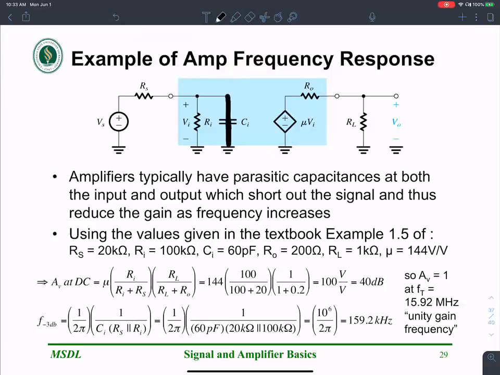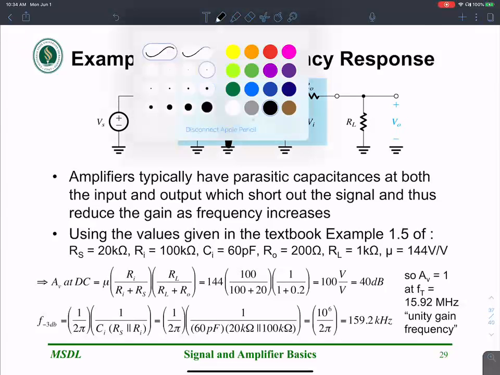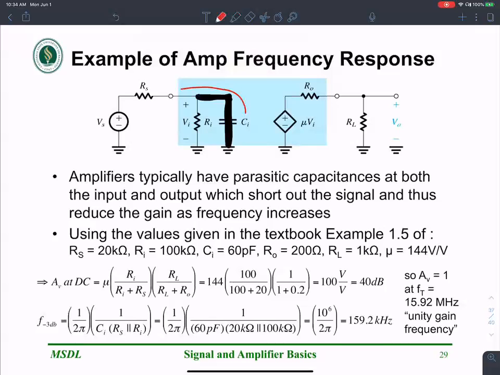At very high frequencies, the capacitor allows the signal to pass. Correct. Remember, there are two parallel paths here, one through the resistance and one through the capacitance. All of a sudden, the capacitance provides a short, a zero impedance path. So most of your signal is going to go through this capacitance to ground, and there is going to be very little to zero voltage across this resistance.